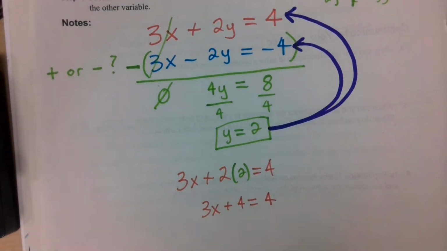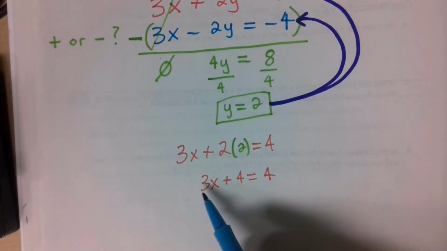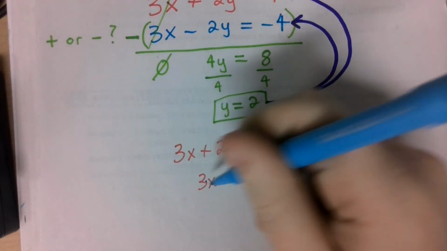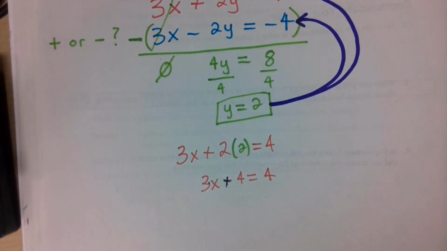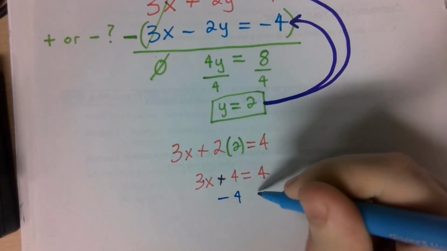From here, we would solve this as a two-step equation. There's two things to get rid of. We want to get rid of a 3, we want to get rid of a 4. The 3 is attached by multiplication, the 4 is attached by addition. And according to reverse PEMDAS, we get rid of any addition or subtraction first. So to get rid of plus 4, we minus 4 from both sides.